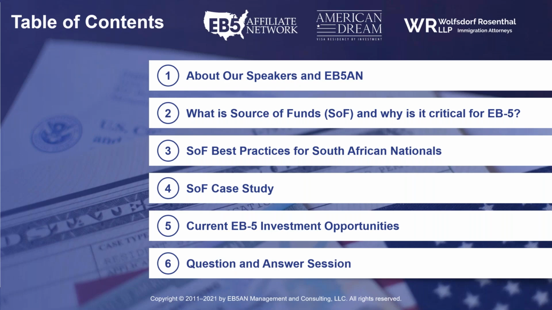We'll talk about a specific case study with source of funds, flow of funds, and a more complicated example to walk through types of documents that could be needed in the source of funds process. We'll take a few minutes and chat about 2 current EB-5 investments, and then we'll open it up for questions at the end.